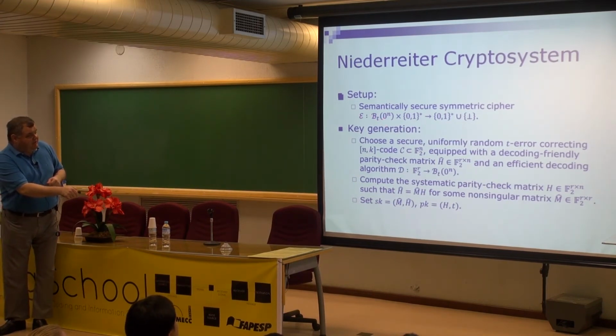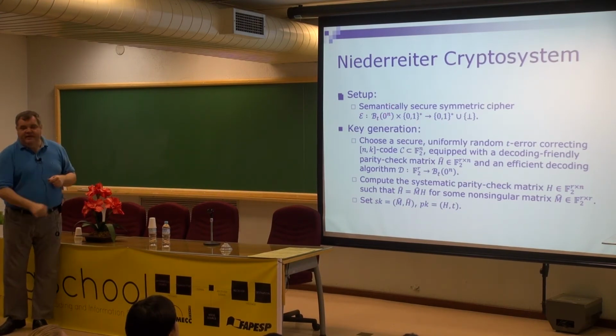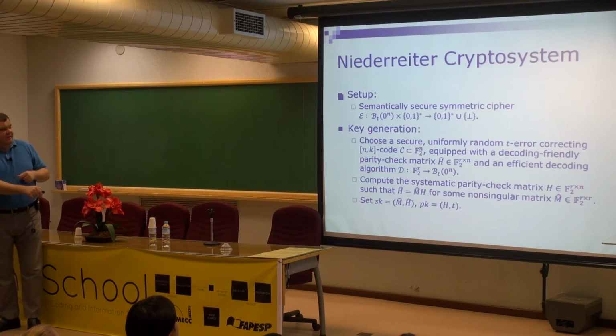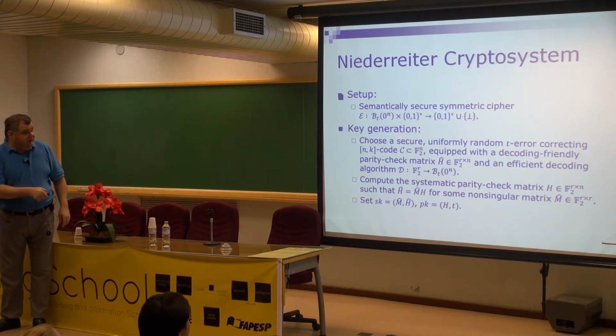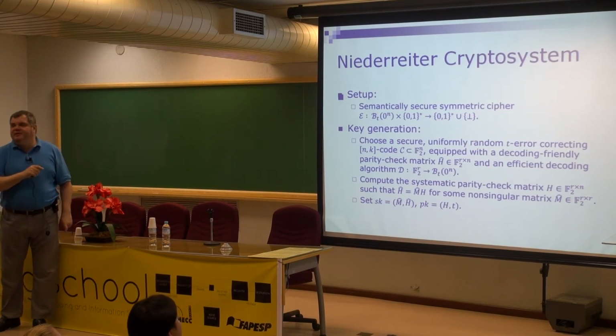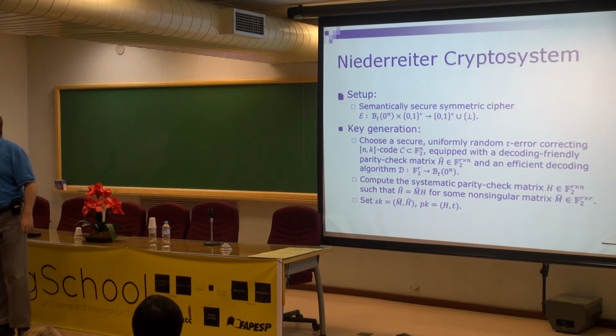The key to the symmetric cipher will be a vector of length n and weight t. The other parameter will be our message, a sequence of bits. It will produce a cryptogram or perhaps an indication that the operation failed for any reason.